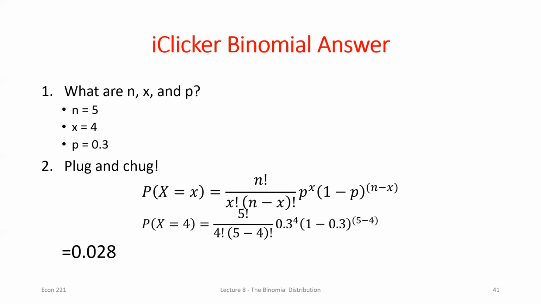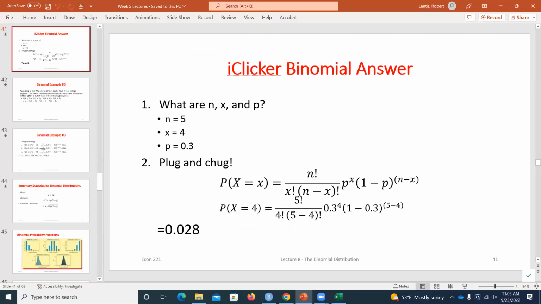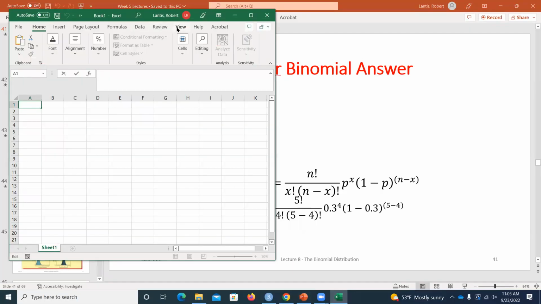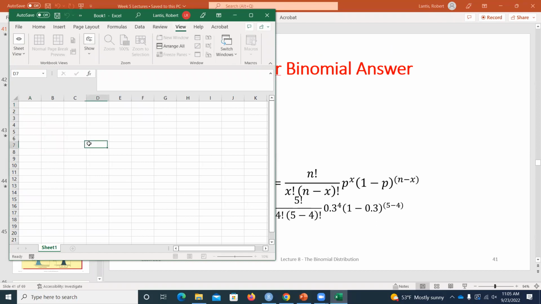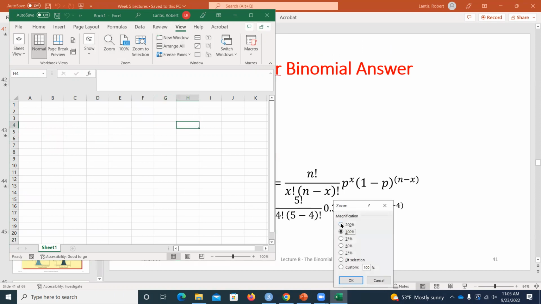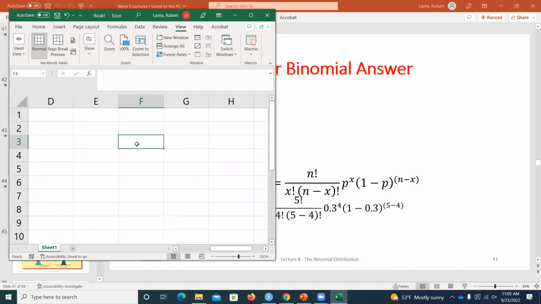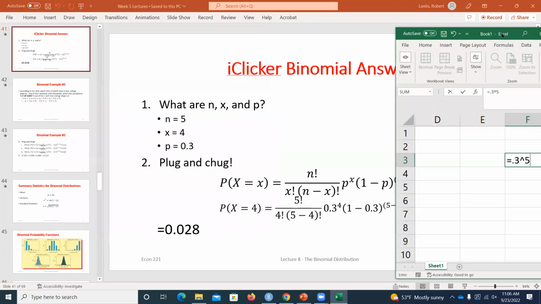We could go ahead and compute this. In fact, I'll show you in Excel, use it as my calculator here. I'll zoom in so we can actually see what I'm doing. One thing that we showed last class is it really just simplifies down to what we had in the middle there, 0.3 to the 5th.